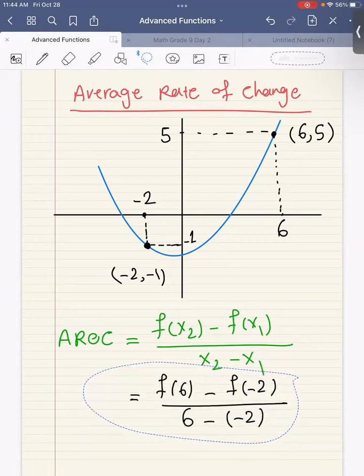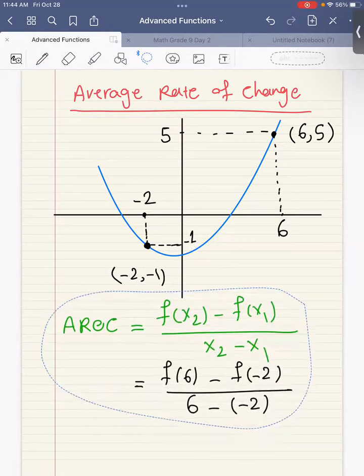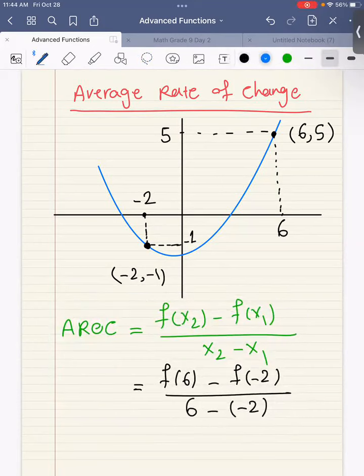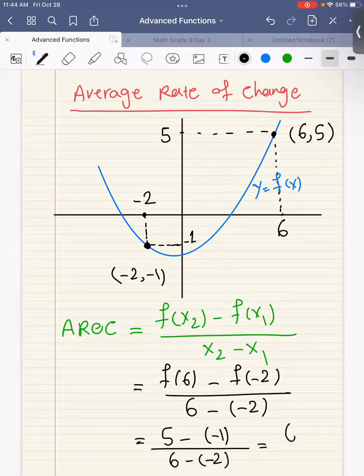This graph is the graph of y equal to f of x. What is f of 6? It's 5. So it's 5 minus, what is f of -2? It is -1, divided by 6 minus -2. So this would be equal to 6 divided by 8, which is equal to 3/4. So that is the average rate of change.